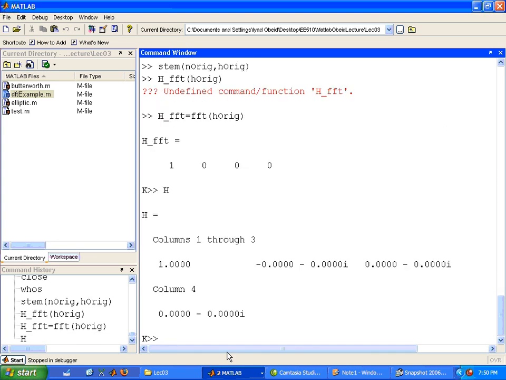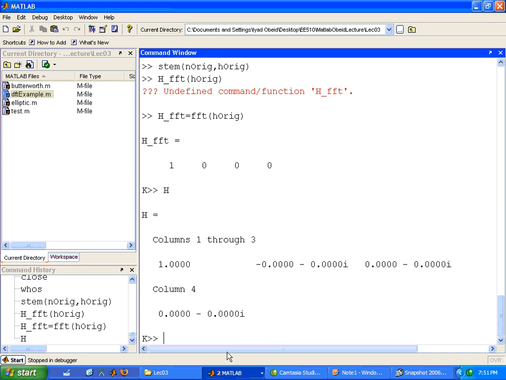My H is exactly what I had before. When I did it using the FFT, I got 1, 0, 0, 0. And when I do it the other method using freqz, I get the same thing, 1, 0, 0, 0. There's some rounding error, which is why you have 0 plus 0i, but it's basically 0.